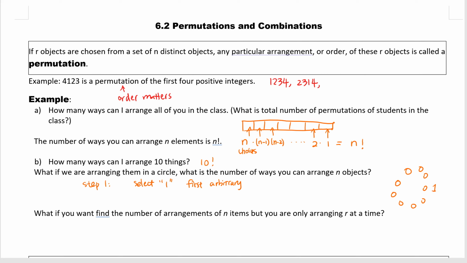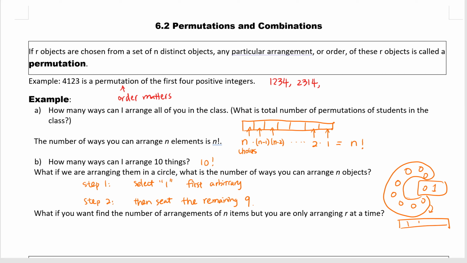And then we can seat the remaining 9. After we put this one down here, the remaining ones we can line up into boxes.